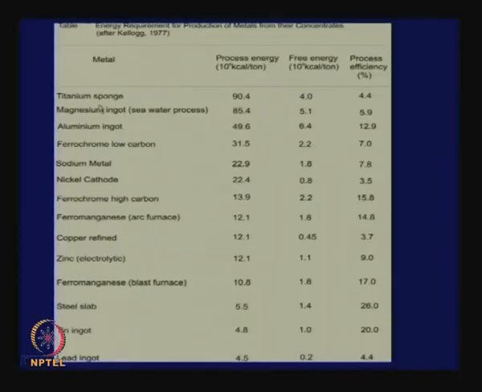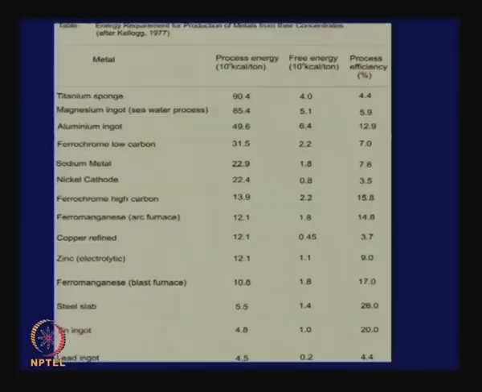Now, titanium sponge, suppose we could produce it from pure TiO2, take pure TiO2, break it to produce titanium. That energy should have been just the opposite of the free energy of formation of TiO2. All these oxides are formed, we have the free energy of formation, metal plus oxygen, that oxide.